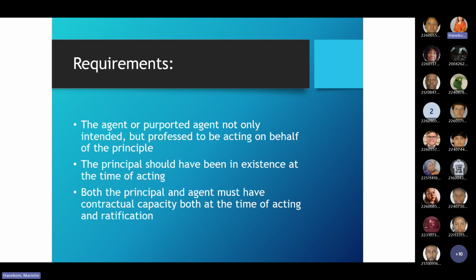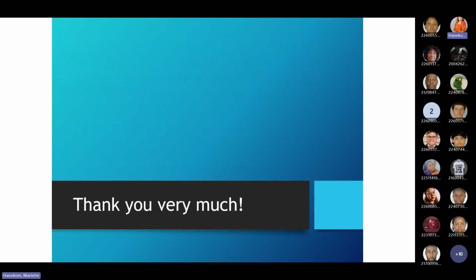This is where Roland told the shopkeeper, I'm buying this for Ms. Hanekom. The principal should have been in existence. Once again, going back to the original requirements for agency, you cannot represent somebody that doesn't exist. And it's a contract, so there must be contractual capacity. That's the unit. That's what you need to know.